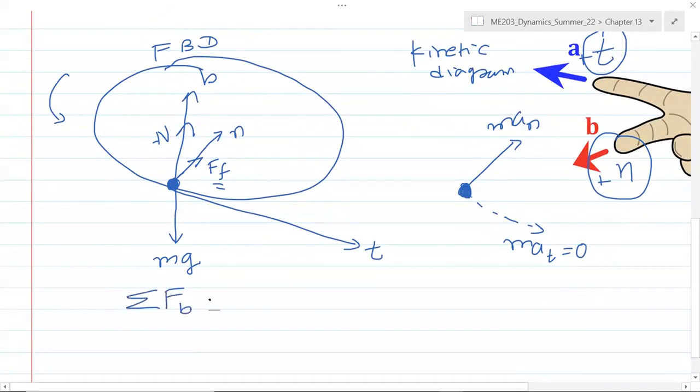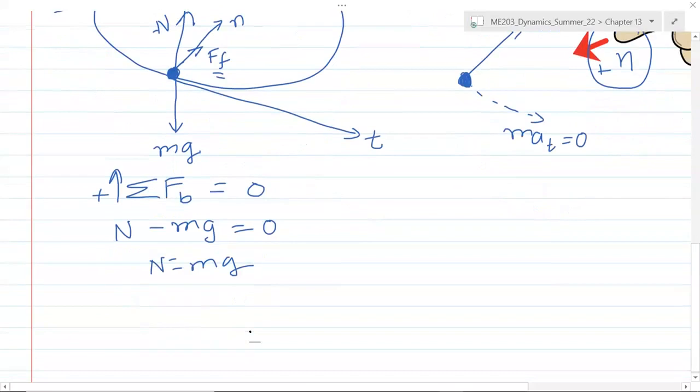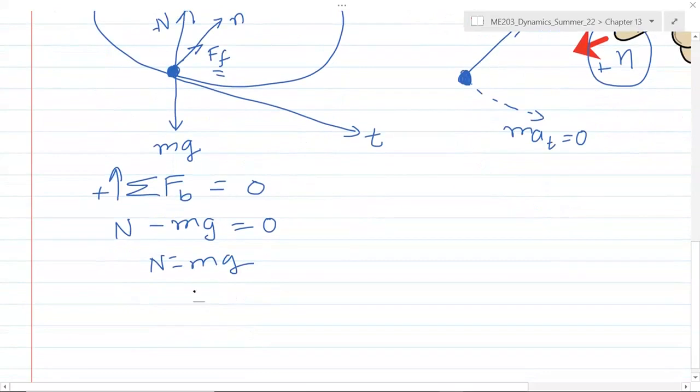So sigma F_b, sum of forces in the binormal direction, going up is positive, is equal to 0 because there is no motion of the girl along the vertical direction. Now normal force is going up, weight is going down, so N is equal to mg, which in this problem is 147.15 newtons.